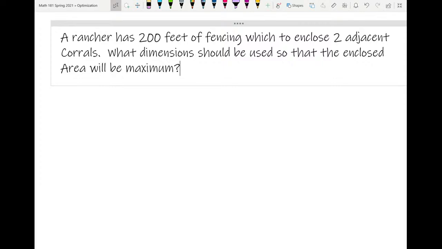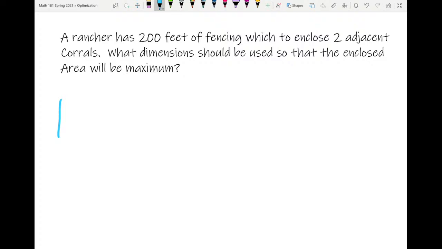I'll give you a couple more minutes. Maybe I'll draw it out for you guys. Maybe that would help. This is the corral.